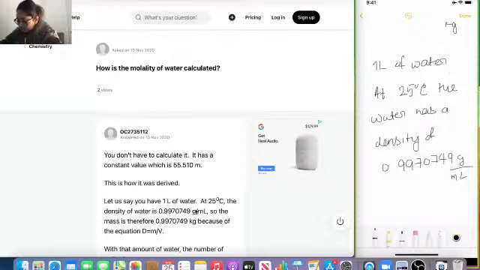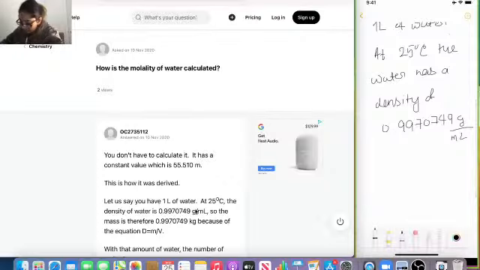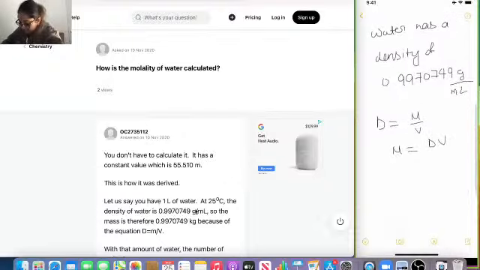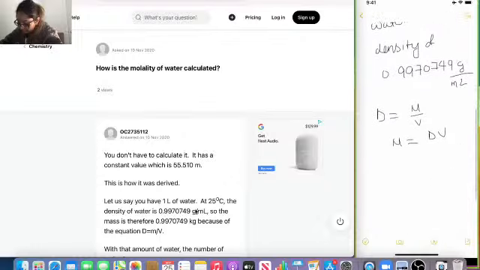We can say that the mass, therefore, in this case: density is equal to mass over volume, so mass is equal to d times v, and v in this case is 1 liter.